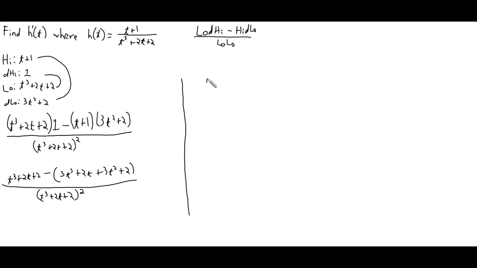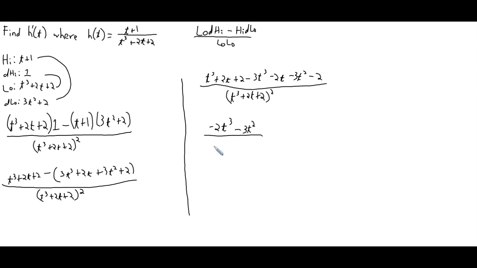So we distribute that negative through, and we get t cubed plus 2t plus 2 minus 3t cubed minus 2t minus 3t squared minus 2, all divided by t cubed plus 2t plus 2, in parentheses, and that's all squared. Whew, okay. Final step is we get that the derivative is negative 2t cubed minus 3t squared, all divided by t cubed plus 2t plus 2, in parentheses, squared.